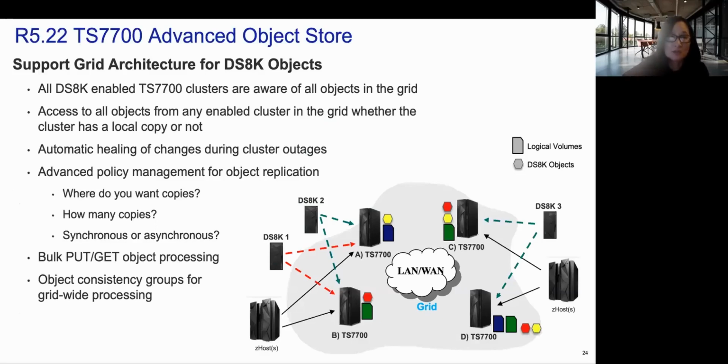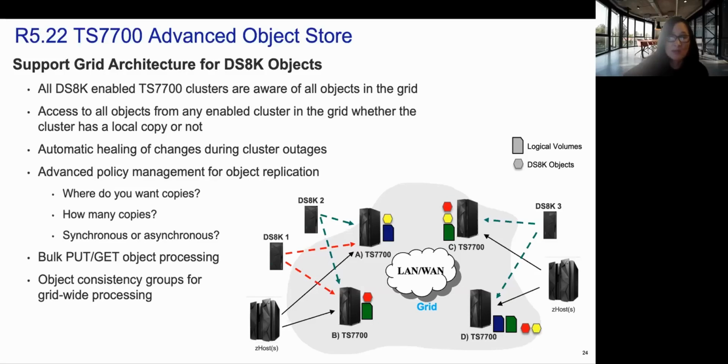The feature is called Advanced Object Store, and this is where the 7700 takes control of the objects within the grid, instead of having DS8000 regulate where that data goes, how many copies you'll have, and forking it. Now the 7700 takes over that.